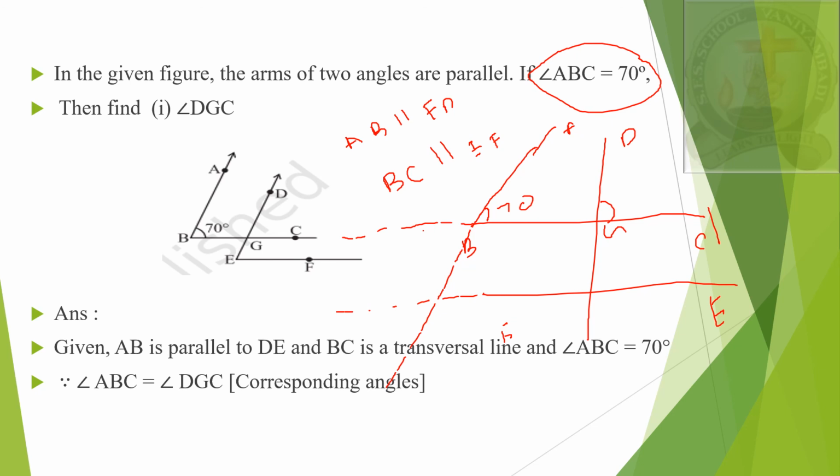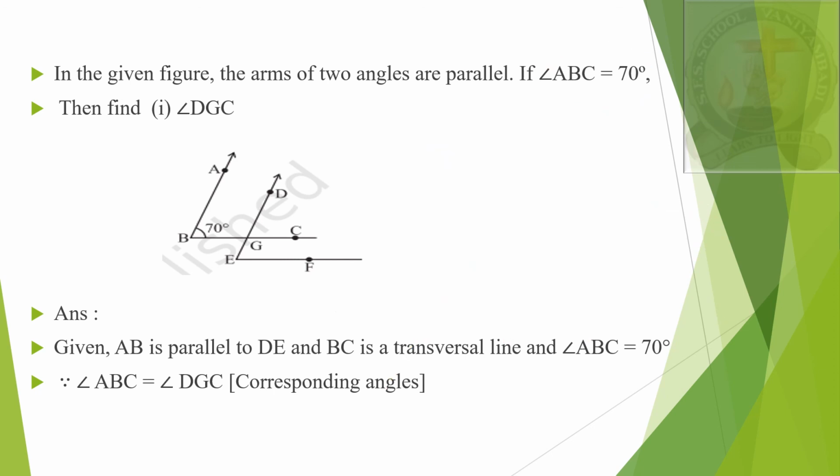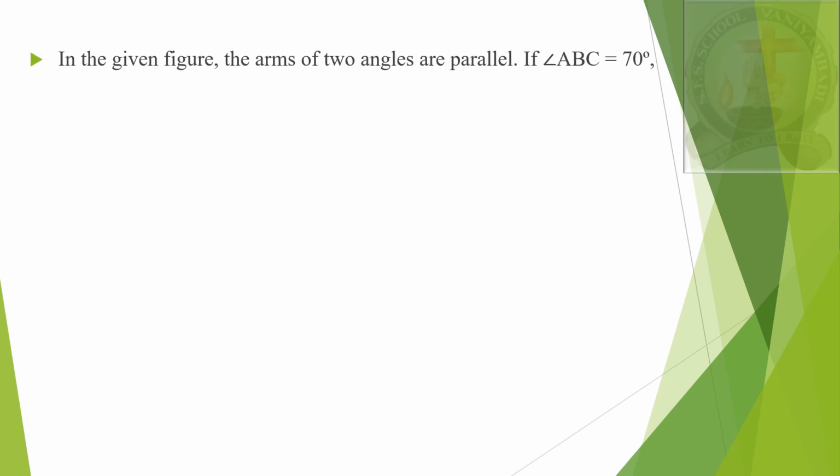Now you can say very simply angle ABC is equal to angle DGE because they are corresponding angles. So angle DGE is also 70 degrees. Next one: in the given figure the arms of two angles are parallel. If angle ABC is 70 degrees, then find DEF.